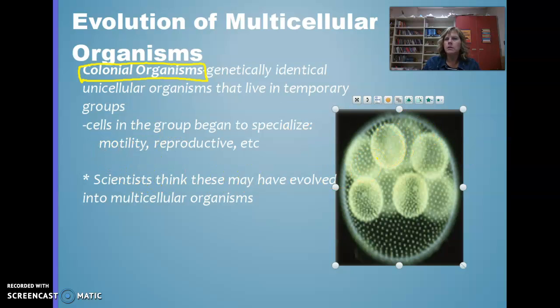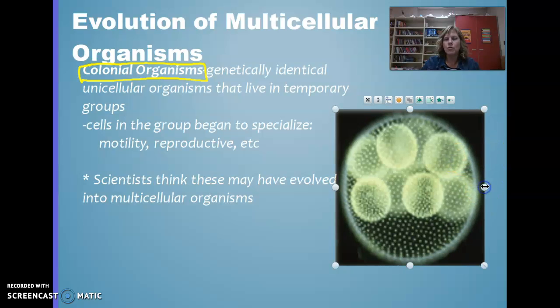Some of them are responsible for movement of the colony. Some of them are specialized for reproduction of the colony and so forth. But if this envelope that surrounds them, this membrane, breaks open, they can all function individually. So scientists believe that perhaps this colonial organism was kind of the precursor to multicellular organisms. We do believe the first organisms on this earth were bacteria.